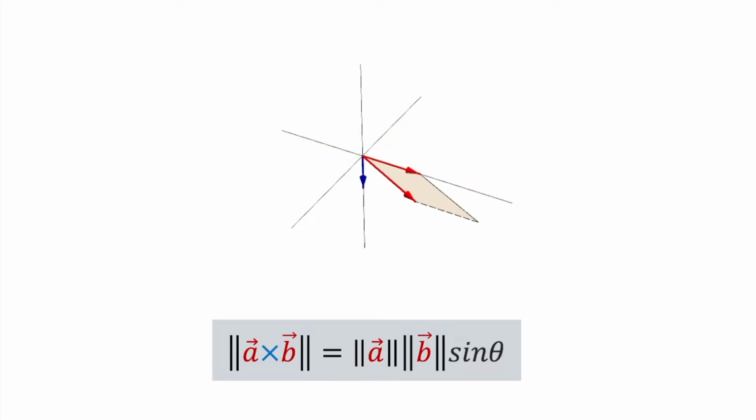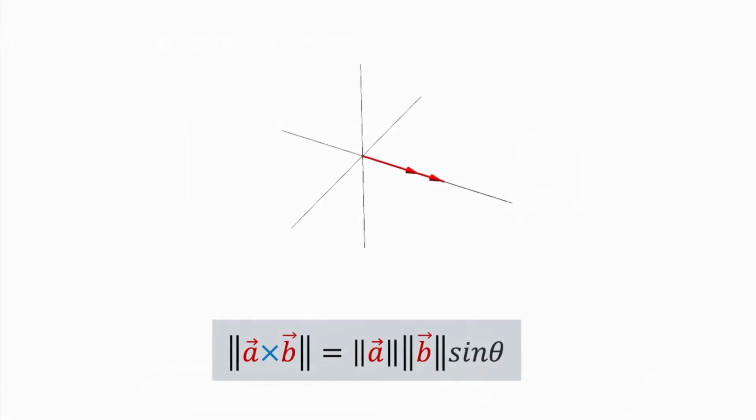This is extremely important for us to understand. The magnitude of the cross product vector has everything to do with the angle between A and B. If that angle is to the left, we're going to have a positive cross product between A and B. But if that B vector goes to the right, the cross product becomes negative.